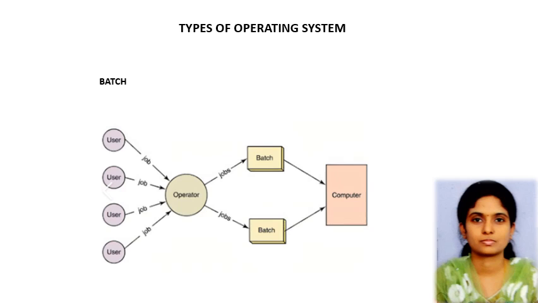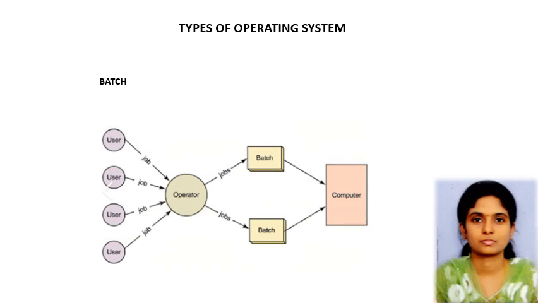Nowadays, if you want to execute a program, we just write the program, compile, and then run. But in this simple batch operating system, the programs were written by the user and punched into special cards. The cards were also called punch cards.